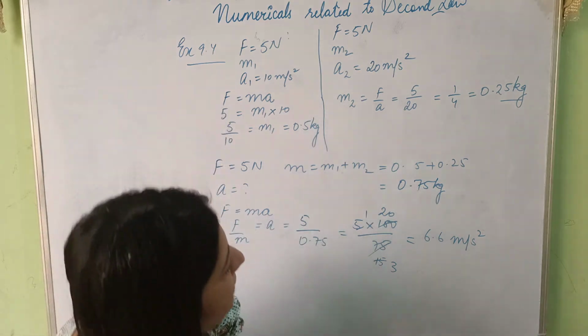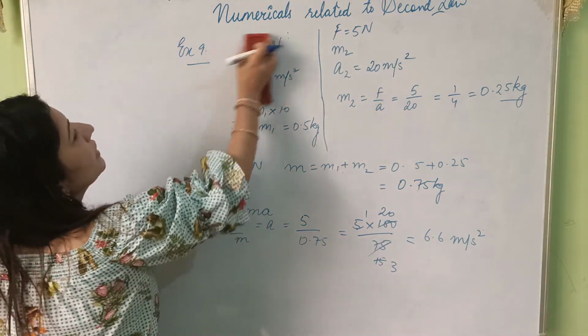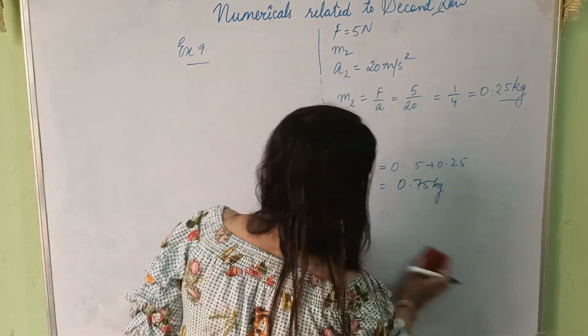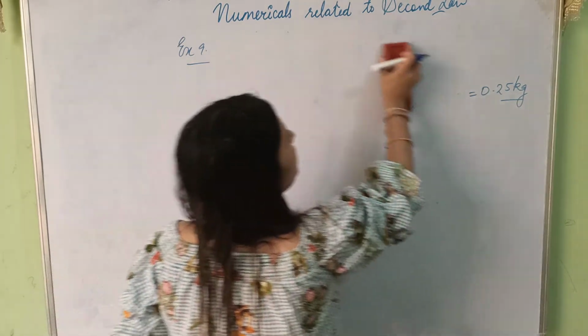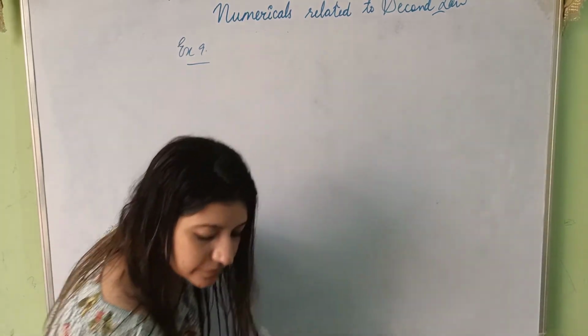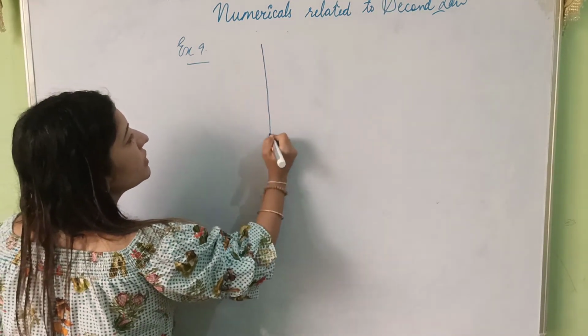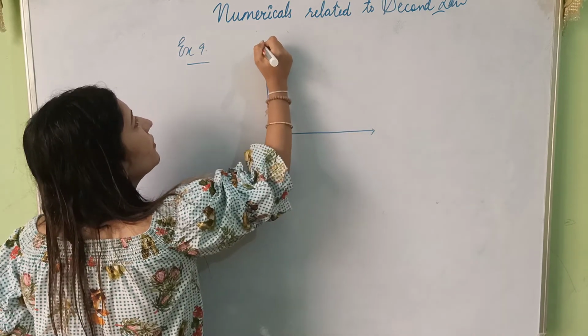Last example, example 9.5, quite important. It's a graph question. First we need to read the graph to solve the question. It is a velocity time graph.